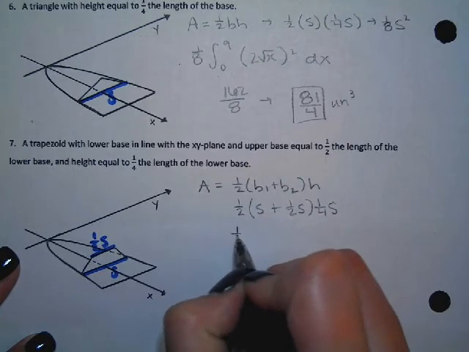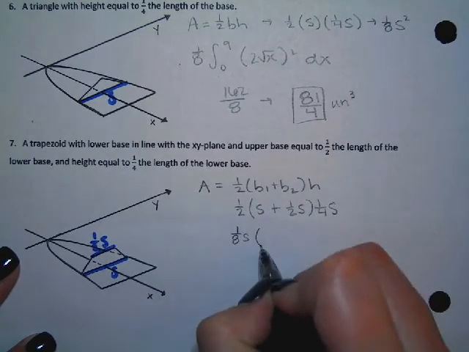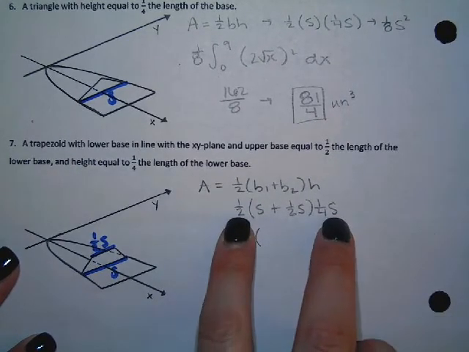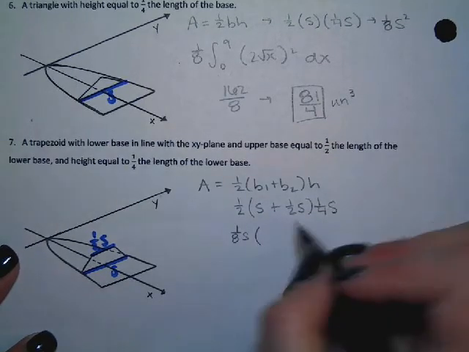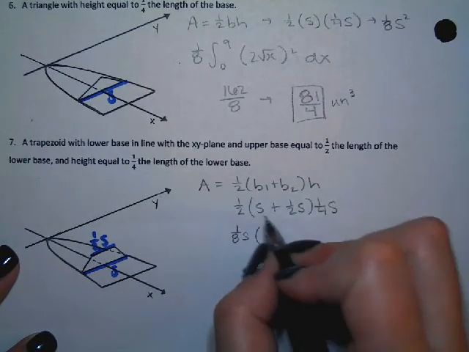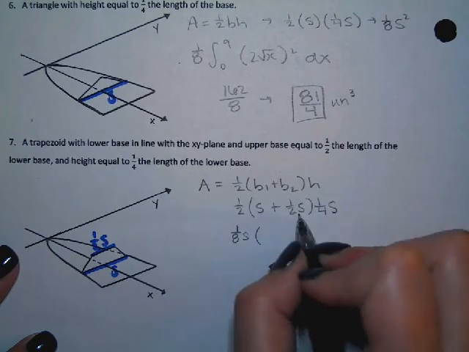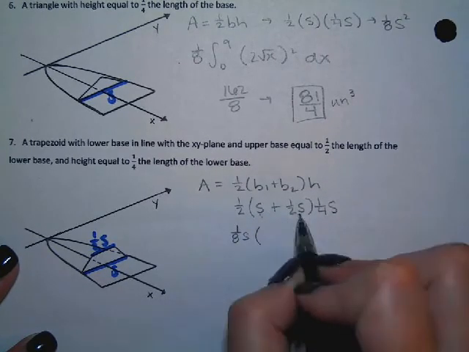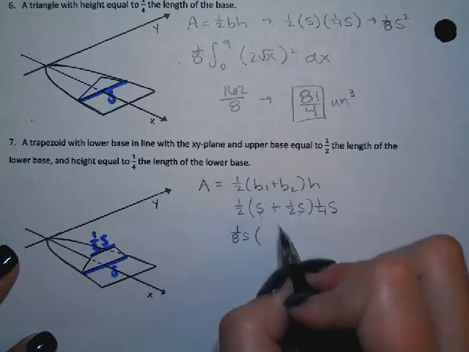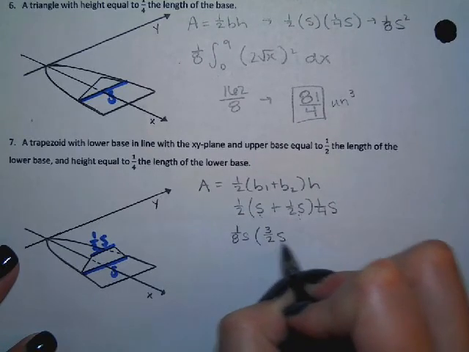So we have 1/2 S plus 1.5 S times 1/4 S. So we've got 1/8 S times, so I just took these on the outsides and I multiplied them. So 1/8 S times S plus 1/2 S squared. It's S cubed. What do we have here? 3/2 S. Okay.